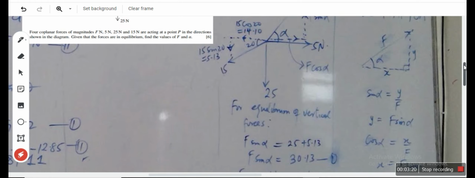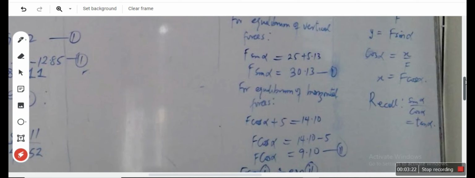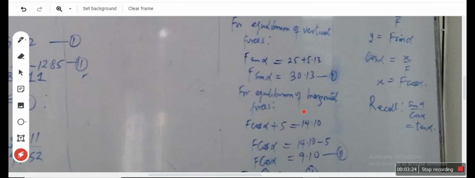So we have F cos alpha plus 5, which are acting to the right, equal to 14.10, which is the only force acting to the left. This simplifies to F cos alpha equal to 14.10 minus 5, or F cos alpha equal to 9.10. We can call that equation 2.